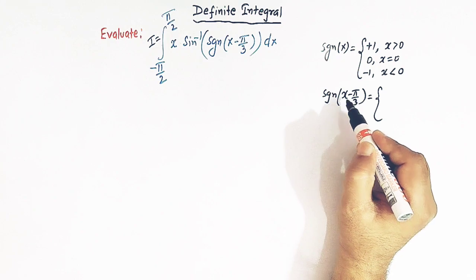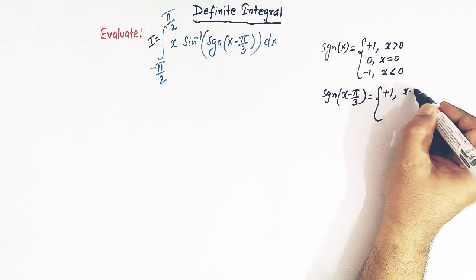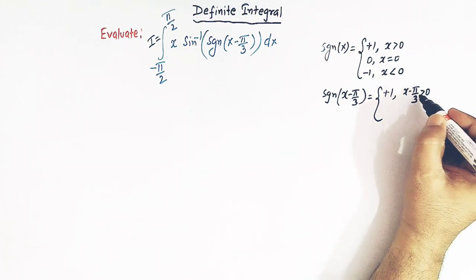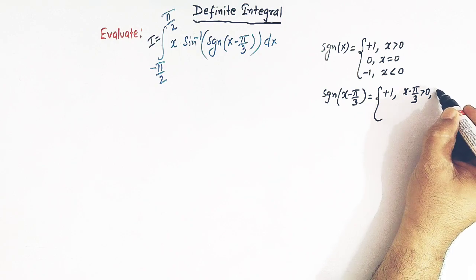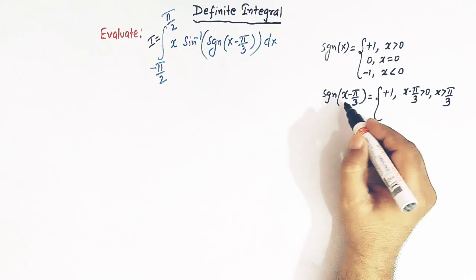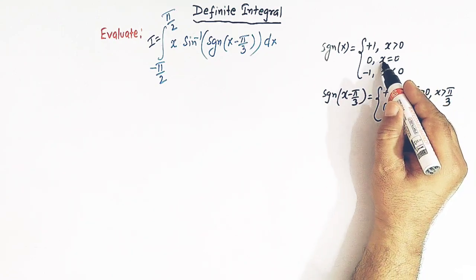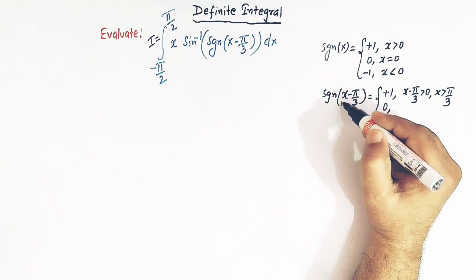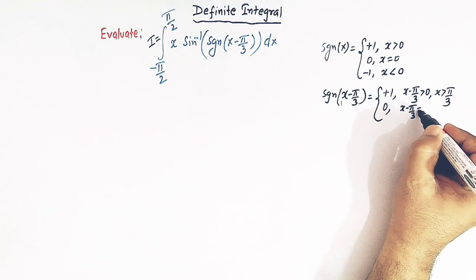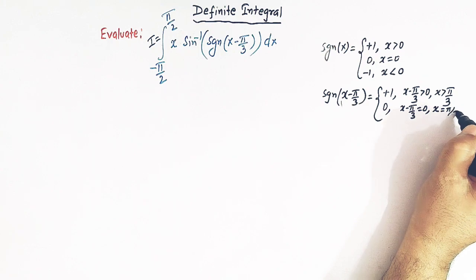So signum of (x minus pi by 3) is plus 1 whenever x minus pi by 3 is greater than 0, or in other words, x is greater than pi by 3. Similarly, signum of (x minus pi by 3) is 0 when x minus pi by 3 is equal to 0, which implies x is equal to pi by 3.